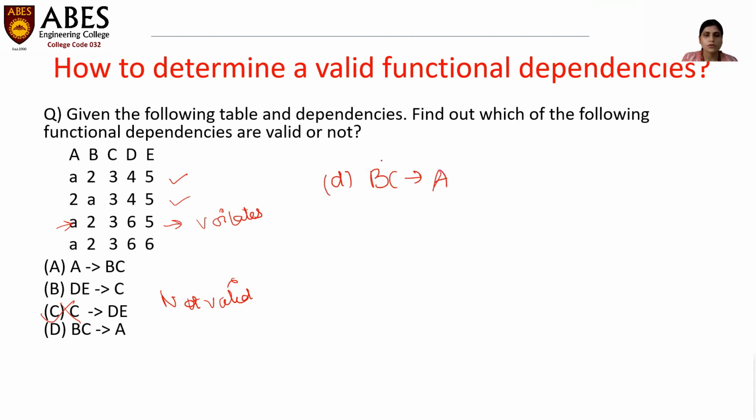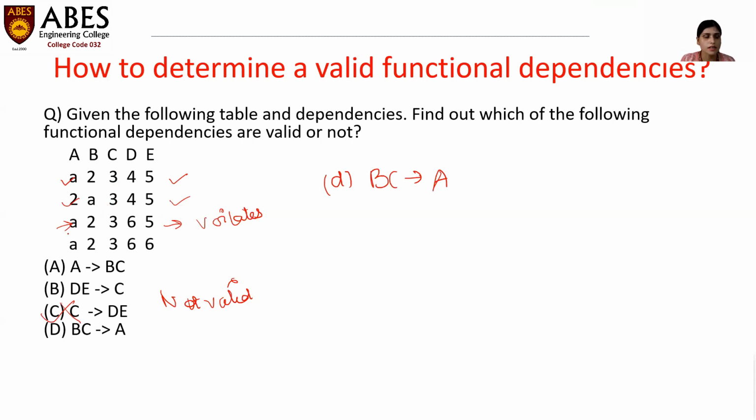Okay. So one by one we'll check the value of BC and A together. So when we have the value of BC as 2 and 3, we are getting the value of A as small a, which is okay. Now for the value of A and 3, we are getting the value of 2, which is okay. We can have that for different values of alpha.